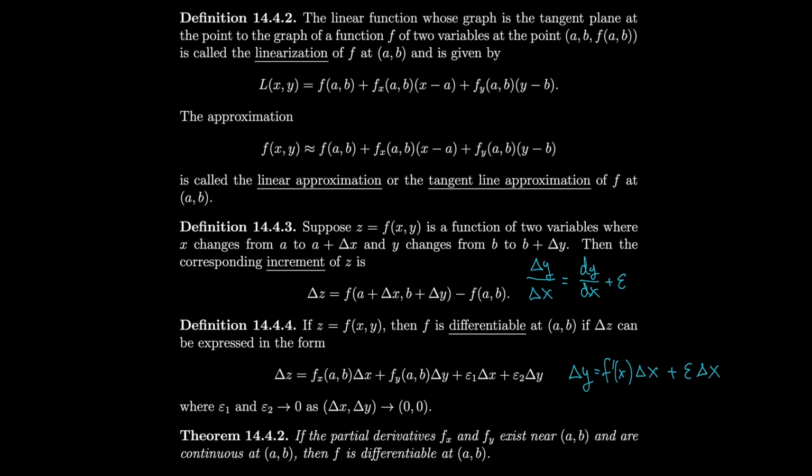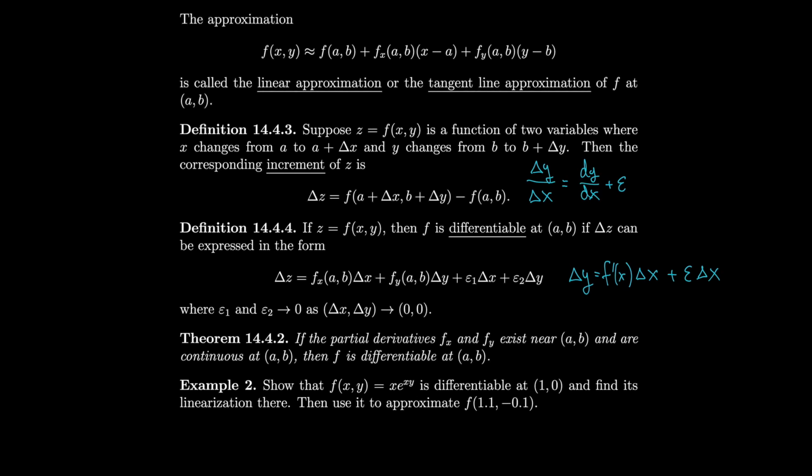In that case, we have two constants we have to add, because we need one to multiply by delta x and we need one to multiply by delta y. Both of those must tend to 0 as our change in x and change in y tend to 0. So if the partial derivatives fx and fy exist near (a, b) and are continuous at (a, b), then f is differentiable at (a, b), using this definition of differentiability.